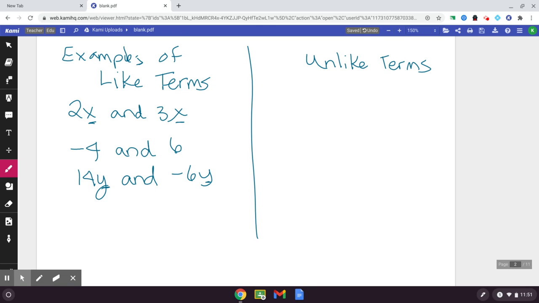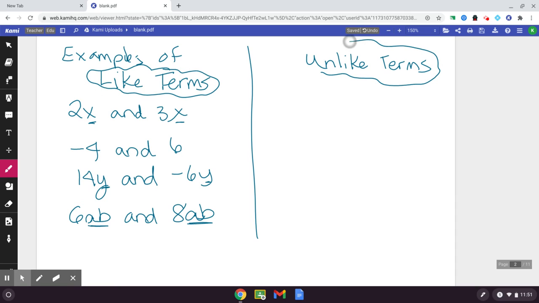If you had like 6ab and 8ab, they both have the variable of ab. So those are also like terms. Okay, so if those are all examples of like terms, what would unlike terms look like?